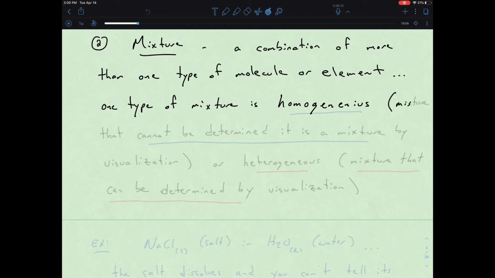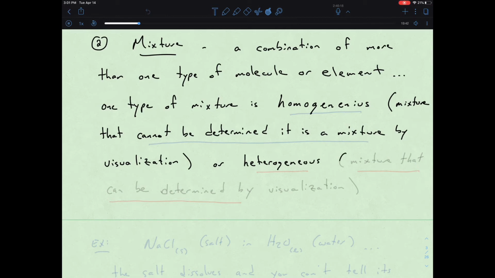And this is basically a mixture that cannot be determined to be a mixture by visualization, or heterogeneous, which is a mixture that can be determined by that visualization.